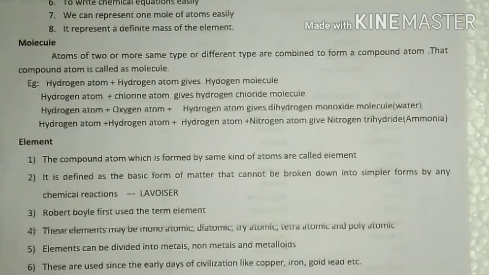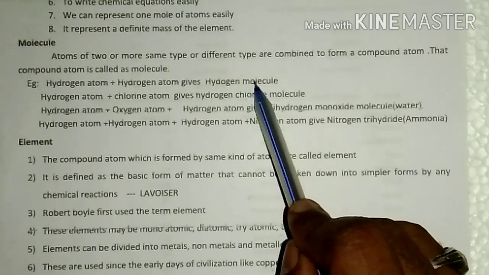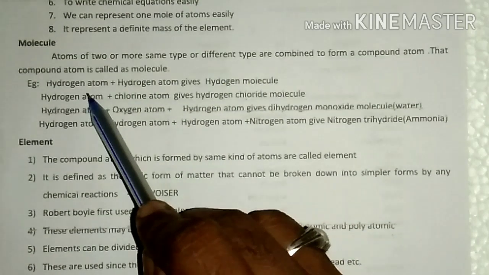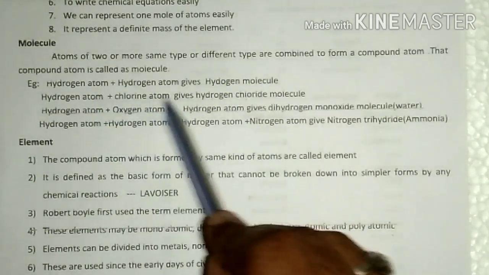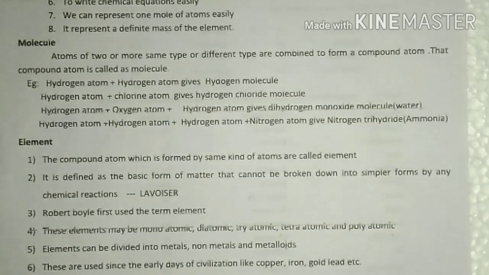Generally, we already know the hydrogen molecule, oxygen molecule, hydrogen chloride molecule, ammonia, different kinds of molecules we are going to hear about in our chemistry part. How are they formed? See here, the hydrogen molecule is formed by the combination of a hydrogen atom and a hydrogen atom.